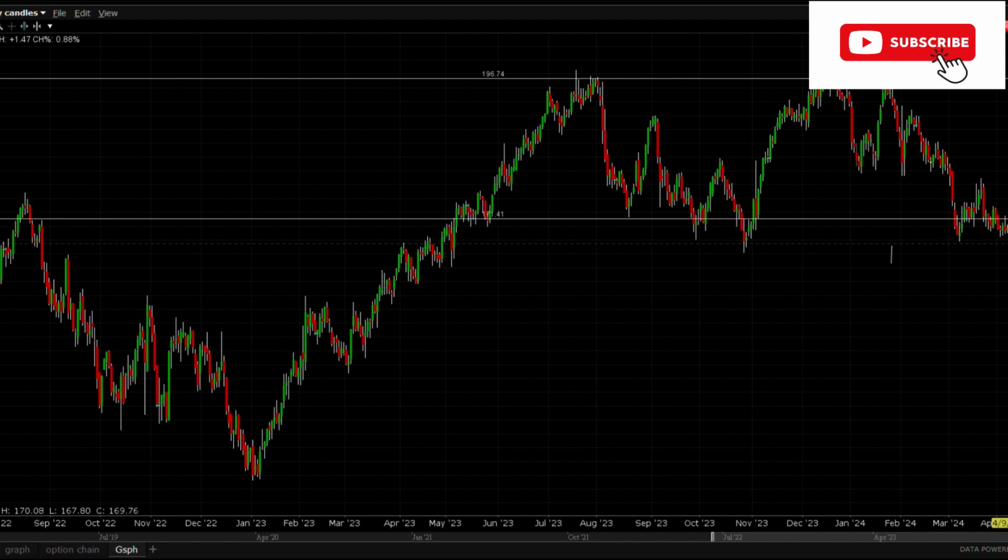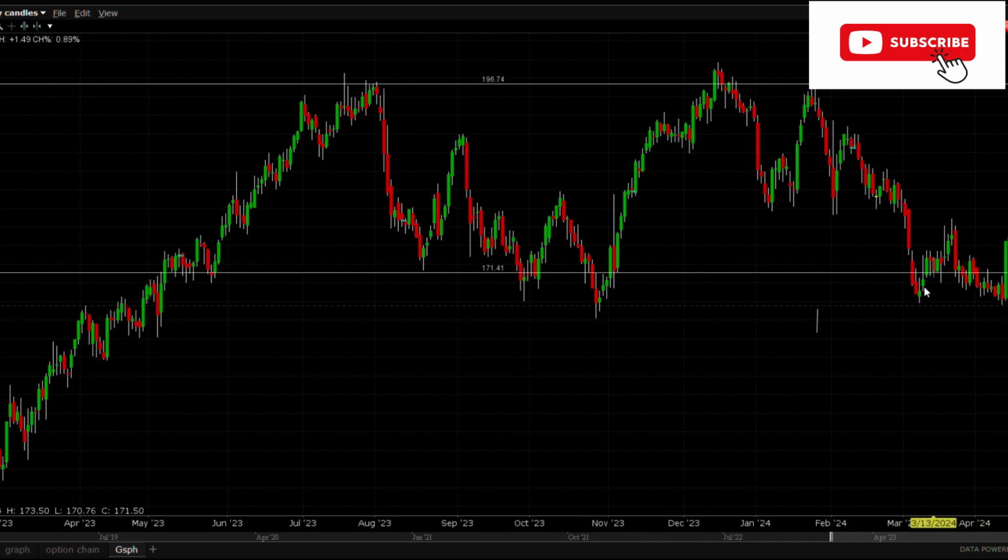If you draw the box here, even though it came down, it is around this level. I would consider this as moving around a price range of 165 to 175, and once it breaks out of this range it will go up. This is my view of the Apple stock.